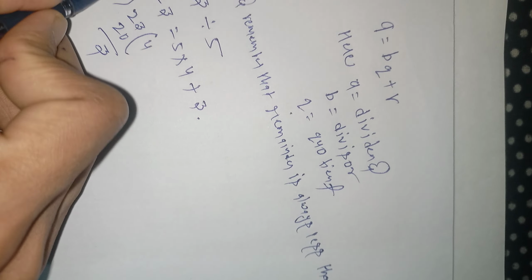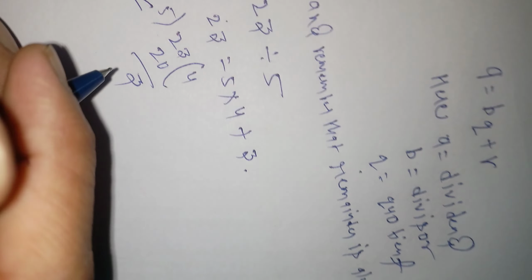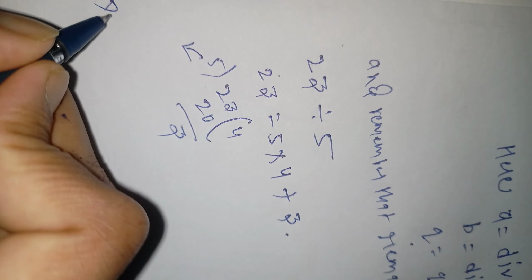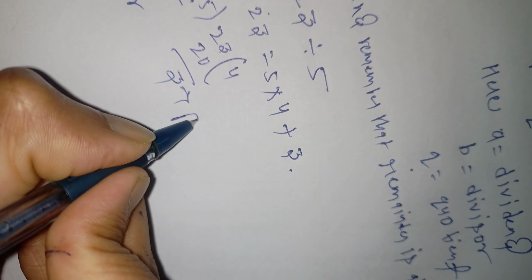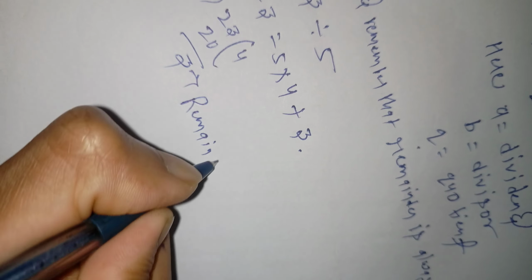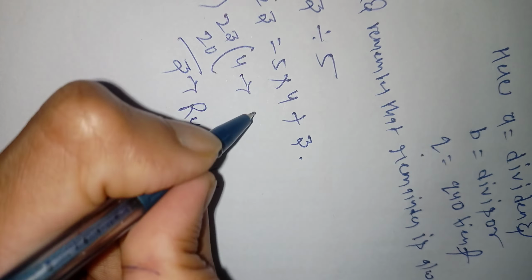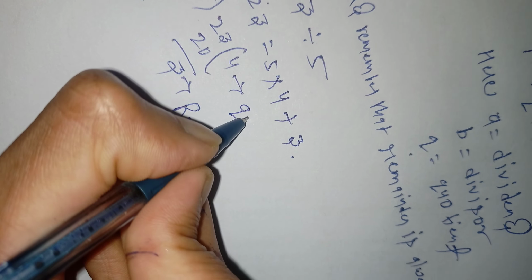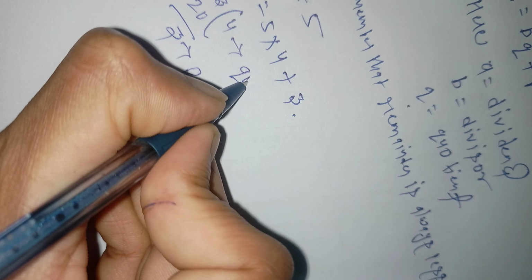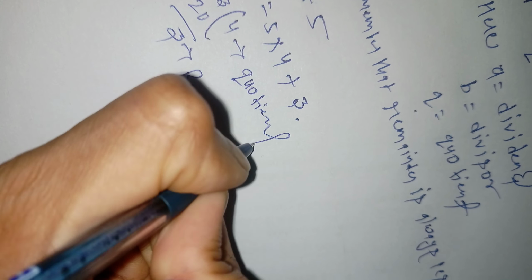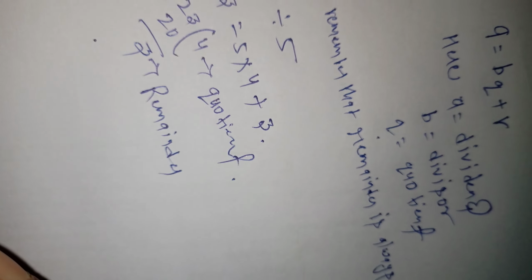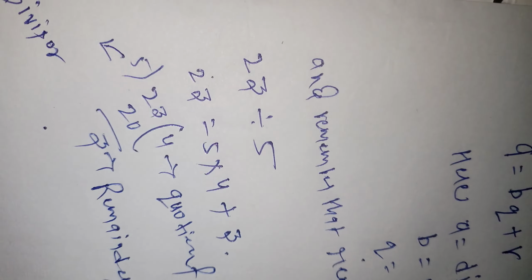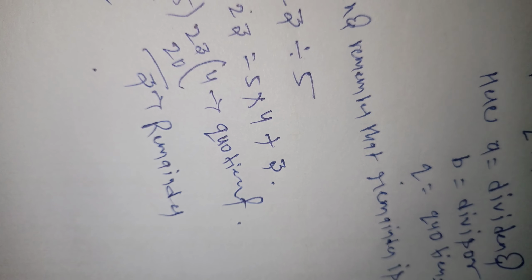Here 5 is divisor, 3 is remainder, and 4 is quotient. So according to Euclid's division lemma, we write it 23 equal to 4 into 5 plus 3.